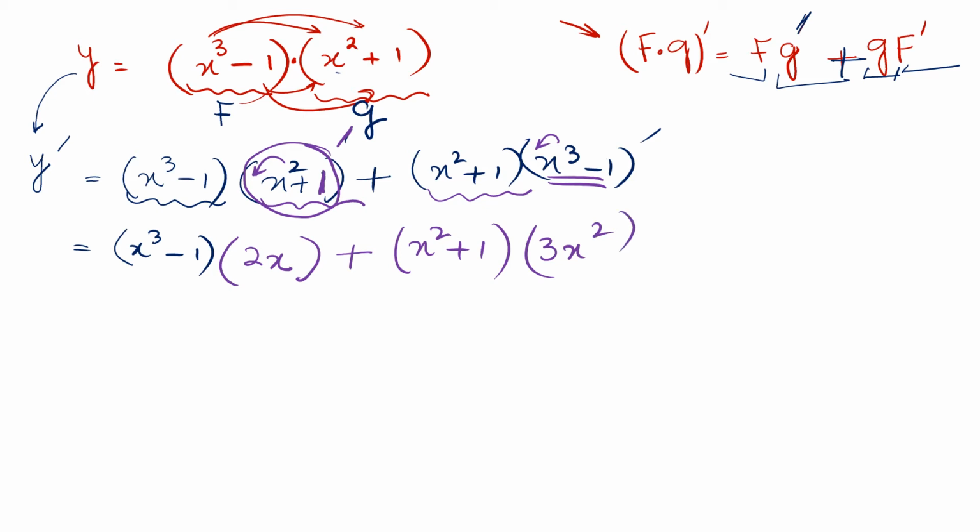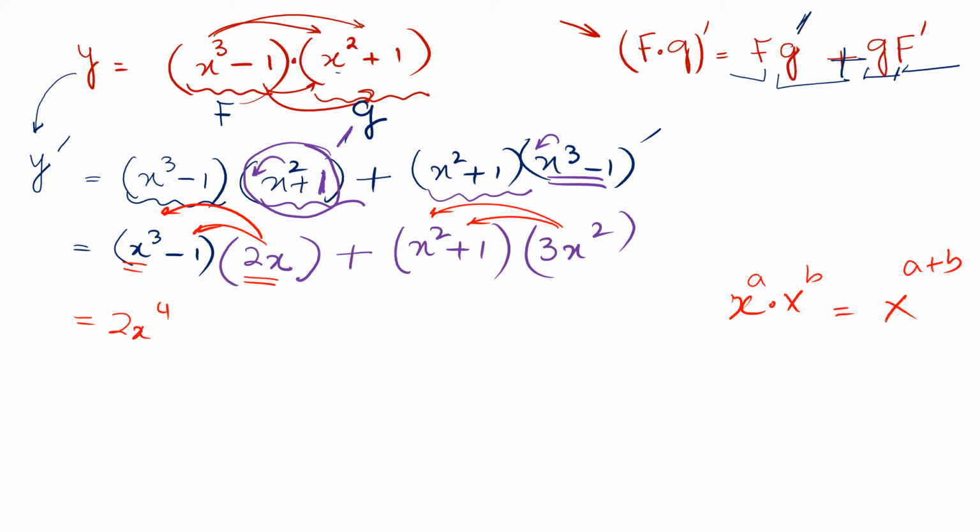Once you solve this question, now simplify by opening the brackets using the distributive property. So 2x times x cube, you will get 2x to the power 4. The reason is that if you have x power a times x power b, we write the x as it is and we add the powers. So here the power is 3, the power is 1, so 3 plus 1, you will write 4.